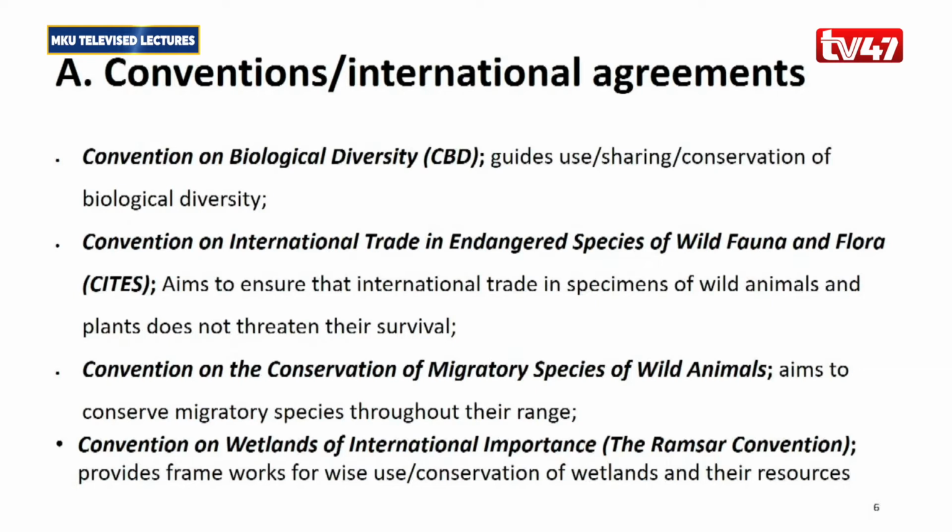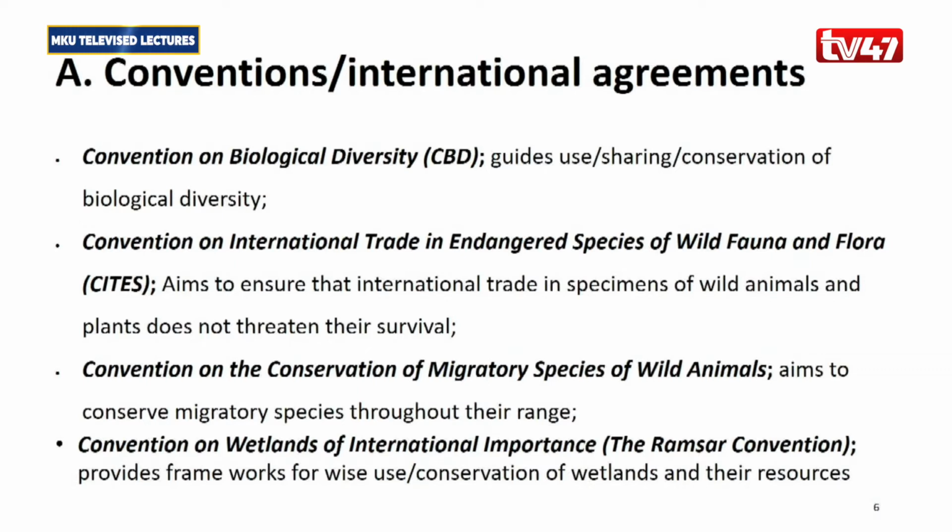Now, if I talk about biological diversity, it can be in terms of a good gene pool of the species, or I can talk about a super gene which becomes important in the nation, for example. So this is where the Convention on Biological Diversity came in, to give good use, good sharing, and good conservation of this biological diversity.